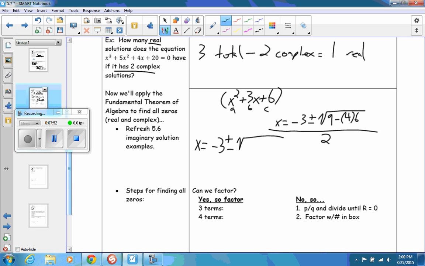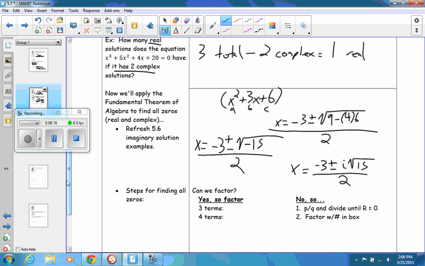Negative 15, right, over 2. So immediately, square root of negative 15, what is that going to become? I radical 15. So x equals negative 3 plus or minus I root 15 over 2.